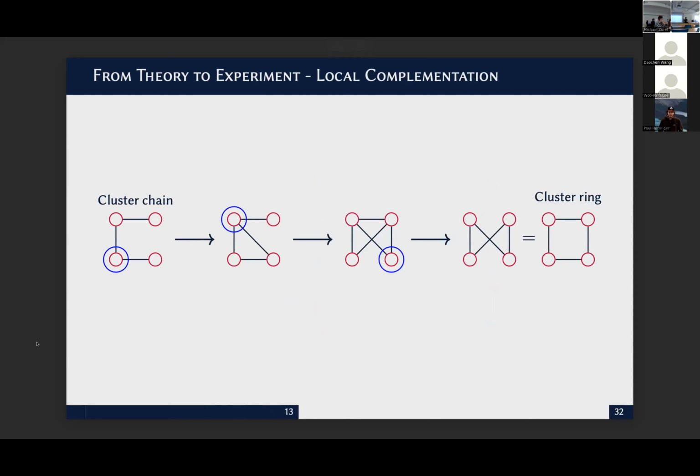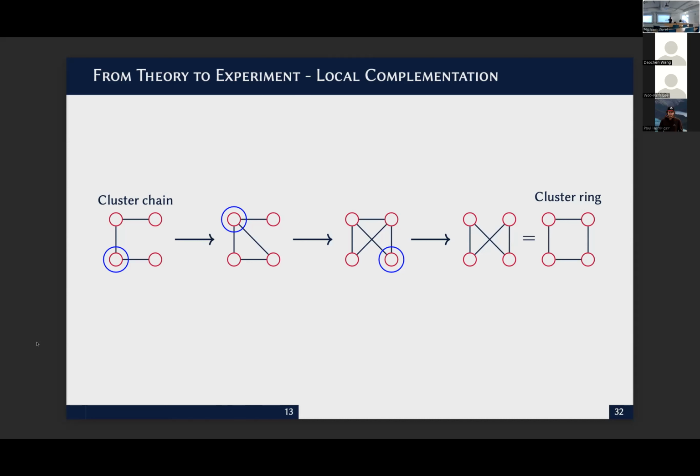So a slightly more clever solution, which I think was briefly mentioned in one of the talks earlier today, turns out to be local complementation, where we can use a special property of graph states or cluster states such that we can actually transform between cluster states just by a specific sequence of local unitary operations.